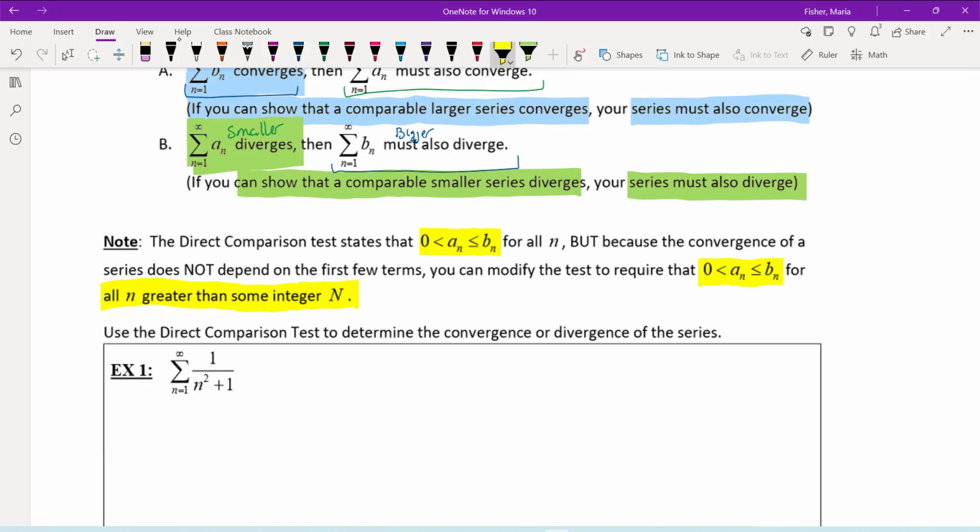Because again, the first few terms of an infinite series are not going to change whether that series converges or diverges.